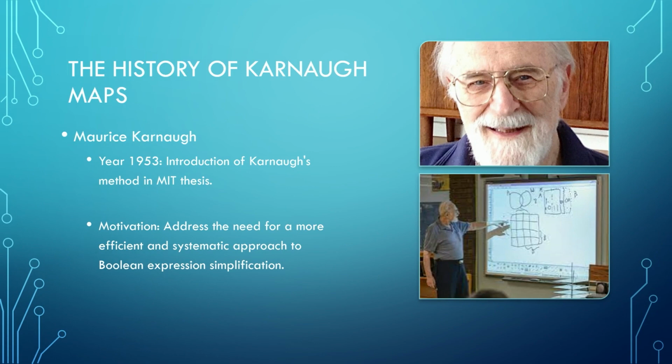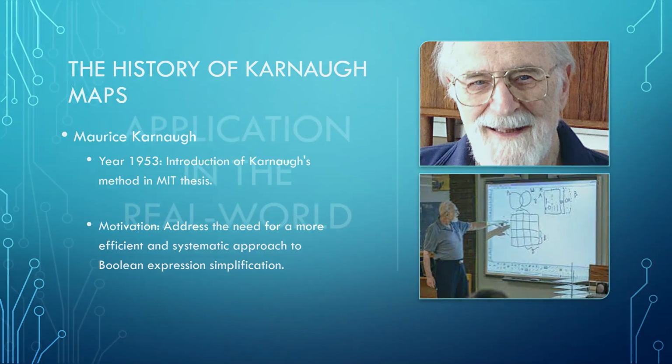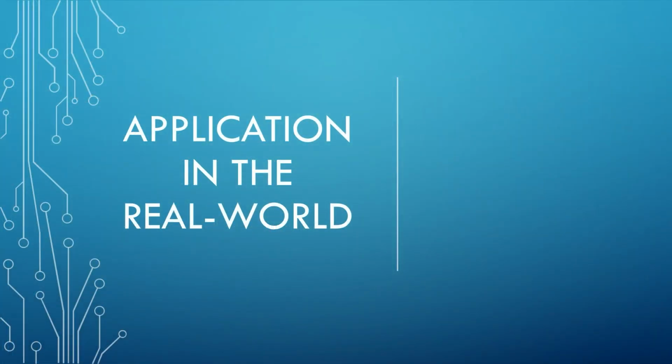These truth tables are transposed into two-dimensional matrices, creating what we call a Karnaugh map. In essence, Karnaugh maps provide a bird's-eye view, allowing us to see patterns and streamline logic in a way that wasn't possible with traditional methods. It's the difference between deciphering a tangled web and having a clear map to navigate through the complexities of digital circuit design. Let's talk about circuit design and its application in the real world.